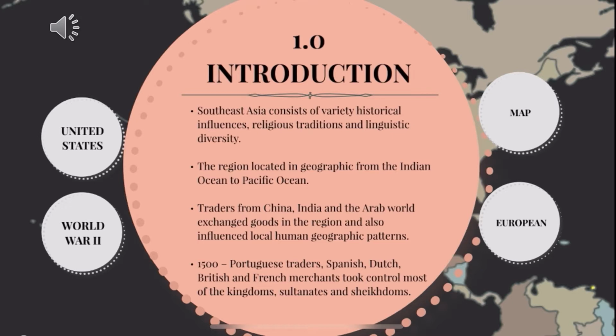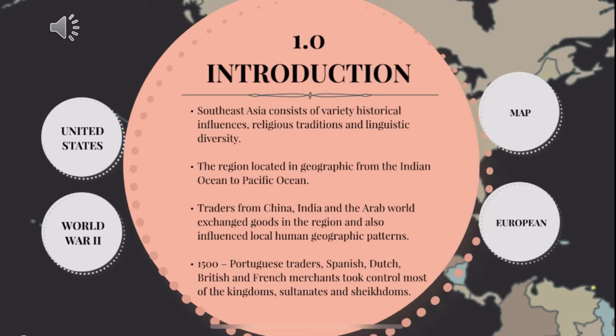Next, the region is located geographically from the Indian Ocean to the Pacific Ocean. Yet, from ancient times, Southeast Asia has been considered by its neighbors to be a region in its own right and not merely an extension of their own lands.